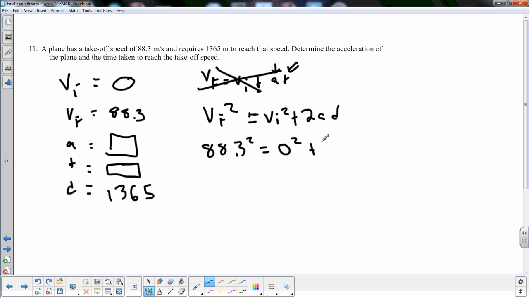88.3 squared. It's a big number, 7796, equals 2 times 1365. 2 times 1365 is 2730 A. So again, multiply those two, brought down the A. Divide both sides by 2730.